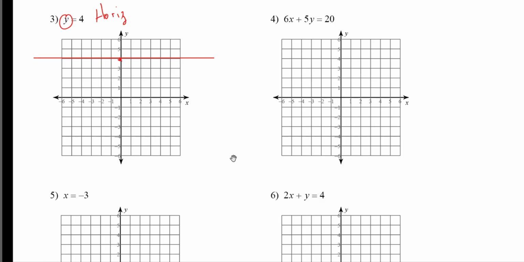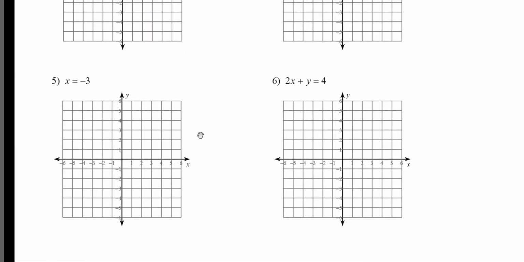That should be super easy to do, would you agree? Now x equals -3. On the x-axis, I put a point at -3. And what kind of line am I going to have? A vertical line that goes through the x-axis at -3. So those only took just seconds to do if you know if it's horizontal or vertical, so make sure you know which is which.